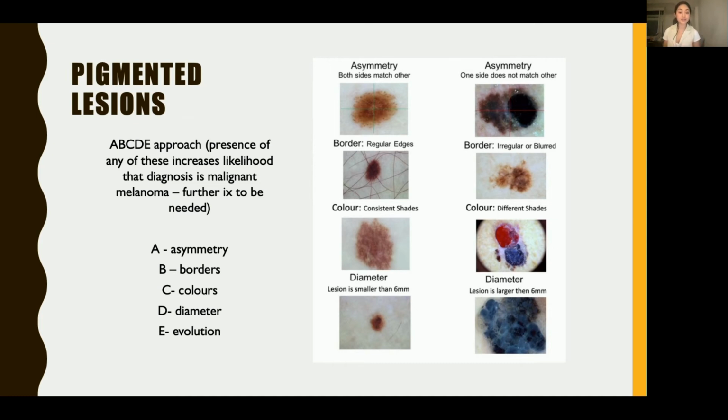And E, evolution. As we went through earlier, as part of the skin cancer specifics in the history, ask about the evolution of the lesion. And I think patients are quite good at being able to tell if it's increased in size. I think a lot of patients know the ABCD approach, so they will be able to answer all these questions. Next slide.